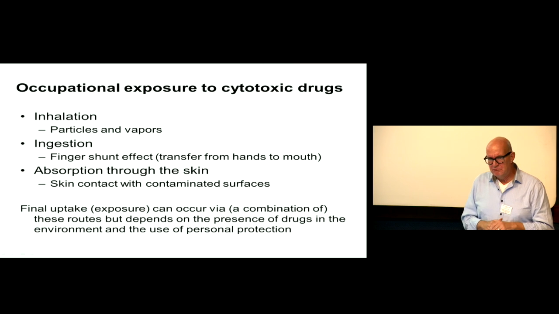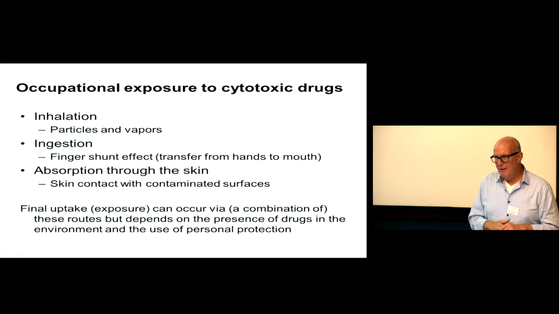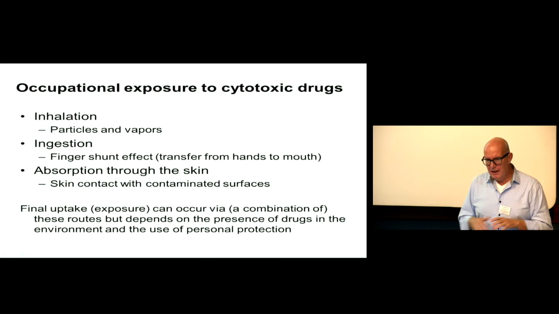It has been known for, I think, 15 years now, that this is the major exposure route. And it's quite simple. When you get in contact with the drugs, and especially when you touch surfaces, or take vials or whatever in your hands and you don't protect yourself, it's very easy for the drug to be on your skin.